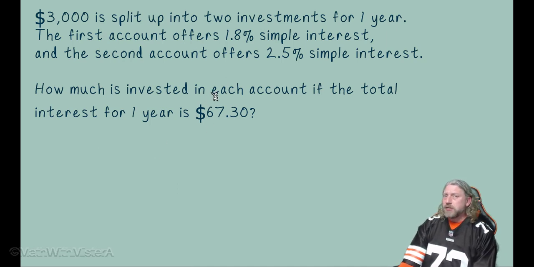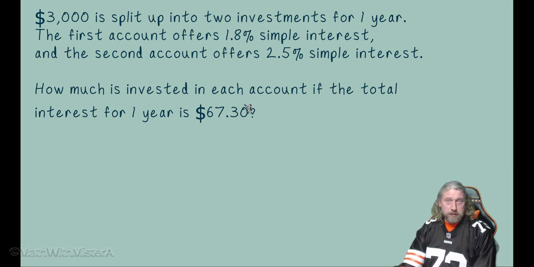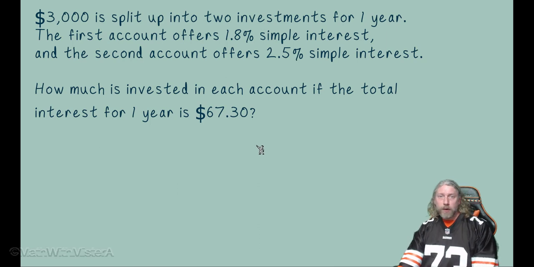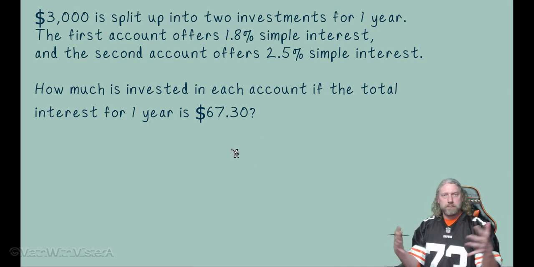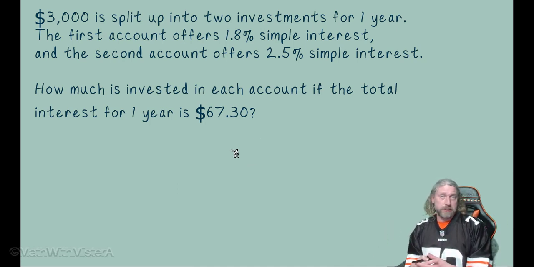Since the amount in each account is unknown, that's where we're going to use our variables. And at this point, we also would like to incorporate the strategy of how we can represent two unknowns using only one variable. It makes this problem a little bit more concise for us to solve.